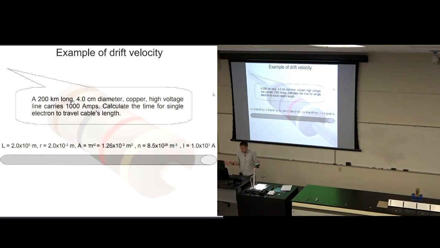There's one other bit of information I looked up to solve this problem, because the problem is asking us to figure out the time it takes an electron to go down the wire, to travel that distance. To figure out the time, we've got to figure out the speed that the electron travels at down the wire.